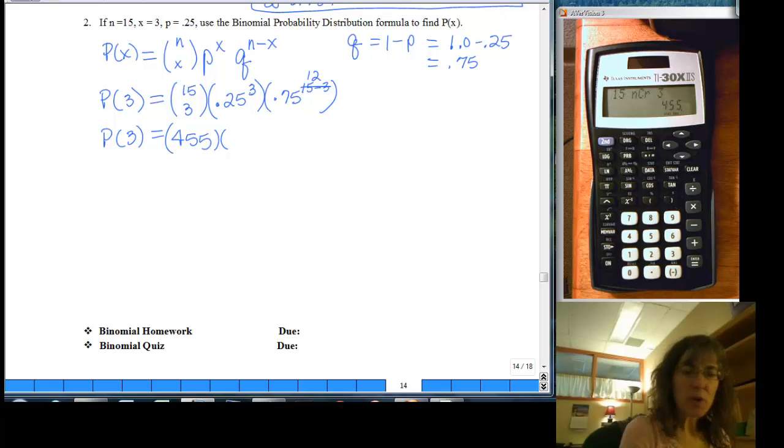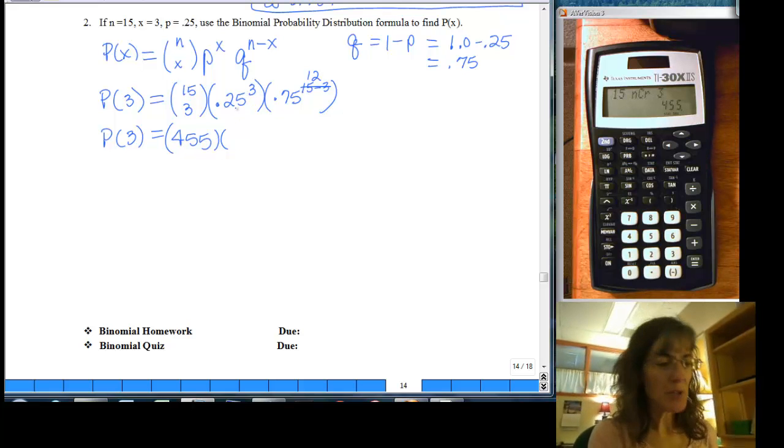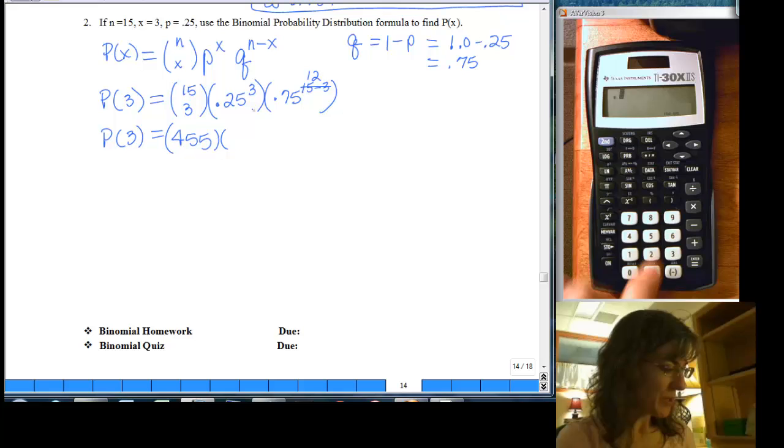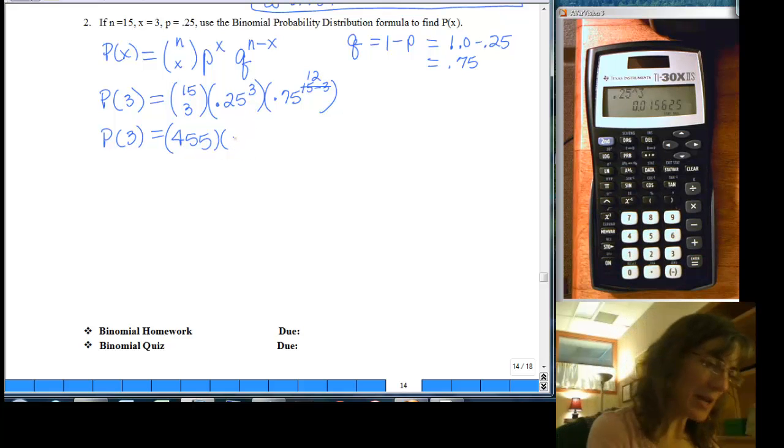My lowest exponent is 3, so I want to calculate that one next, so 0.25 to the third, and I get, and I can't round this or I'm going to have a result that's off, not quite exact. So I'll write that down.